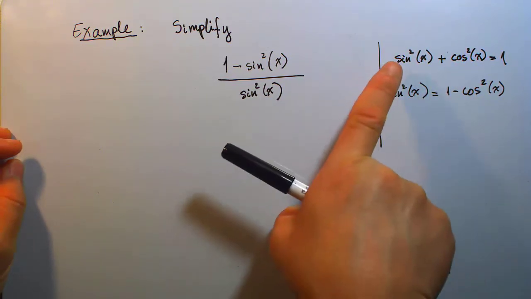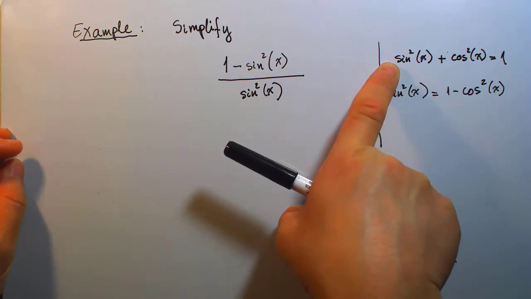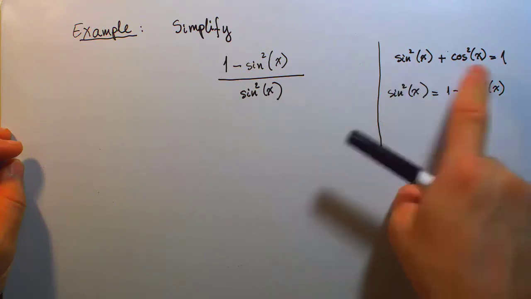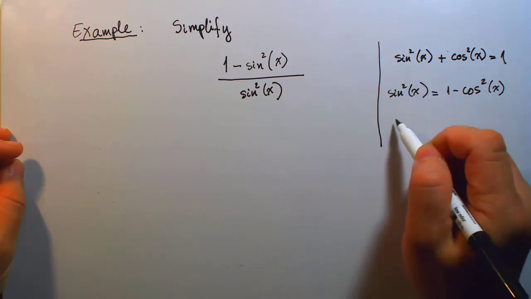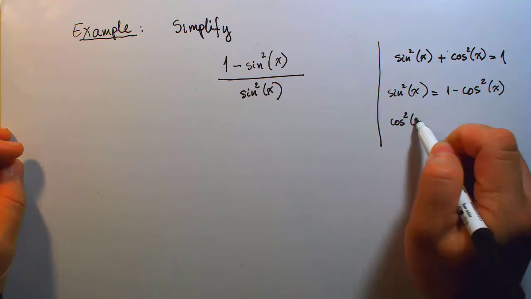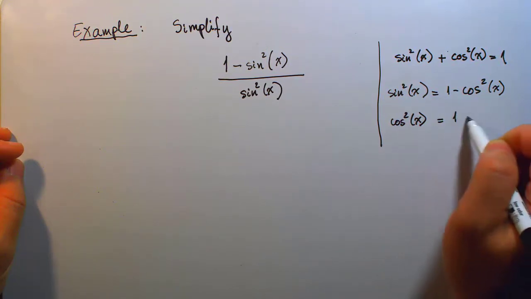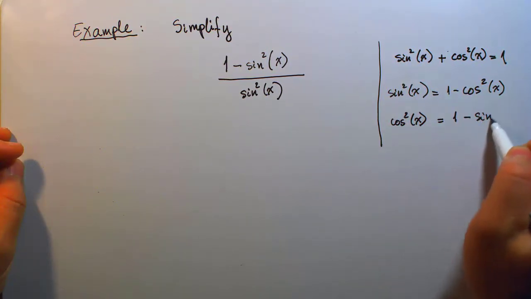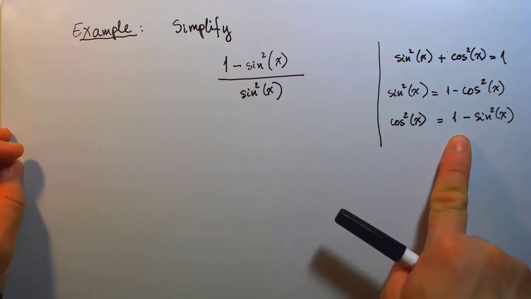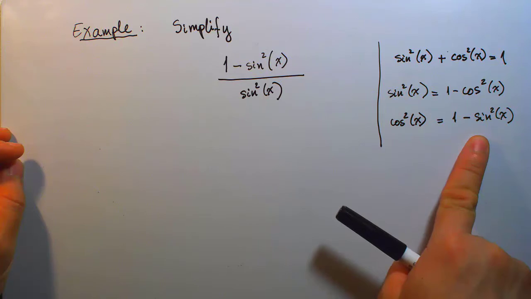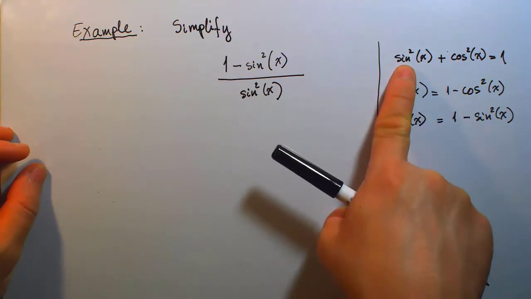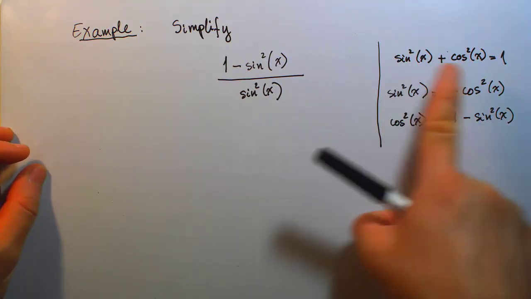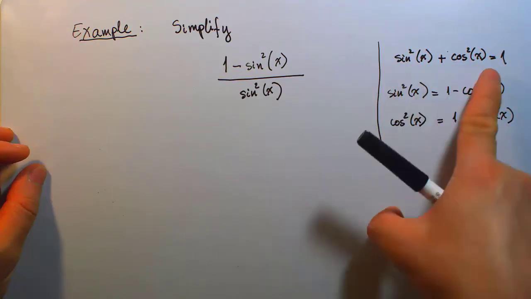From the same Pythagorean identity, you can also subtract sine square from both sides, and you arrive at cosine square of x equals 1 minus sine square of x. So we arrive at this little identity by simply subtracting sine square of x from both sides of that identity.